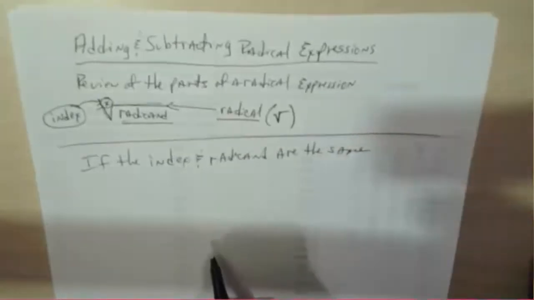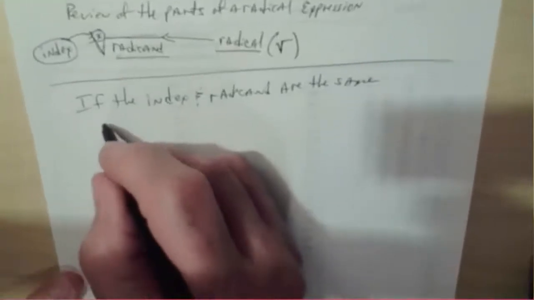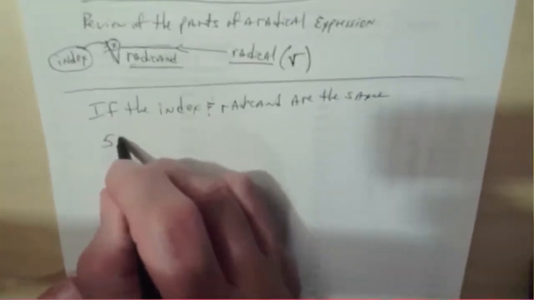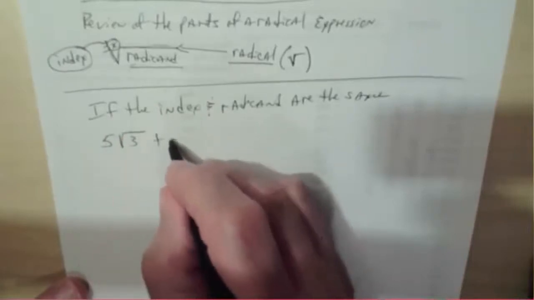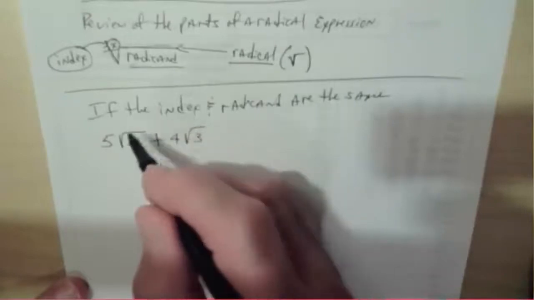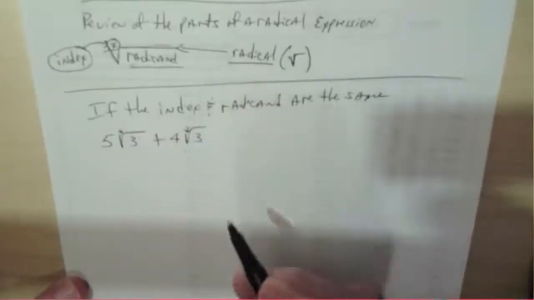You can add them. So, in other words, if we have 5 times the square root of 3 plus 4 times the square root of 3, the indexes are both 2. We just don't write it because it's assumed to be a 2.